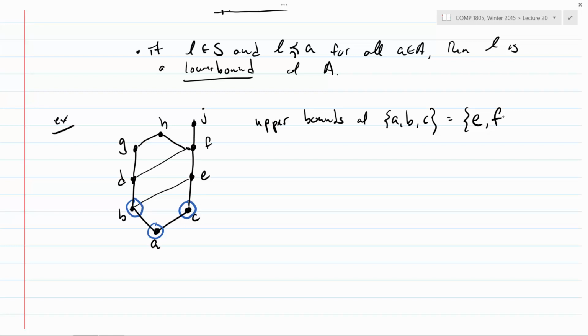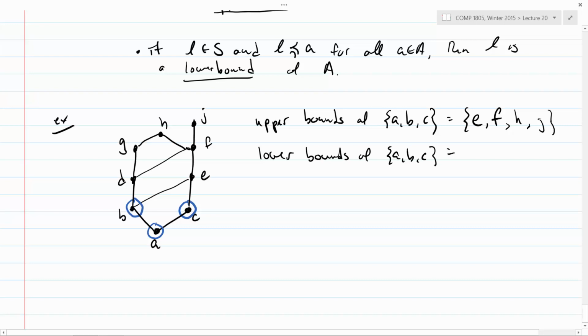What about H? H is fine. And what about J? J is fine as well. So those are the upper bounds of A, B, C. What about the lower bounds of A, B, C?